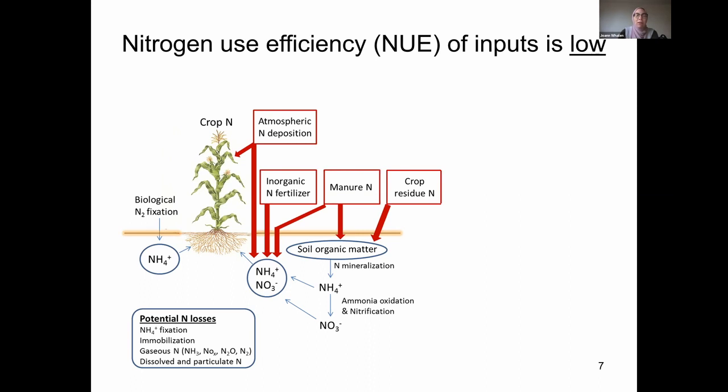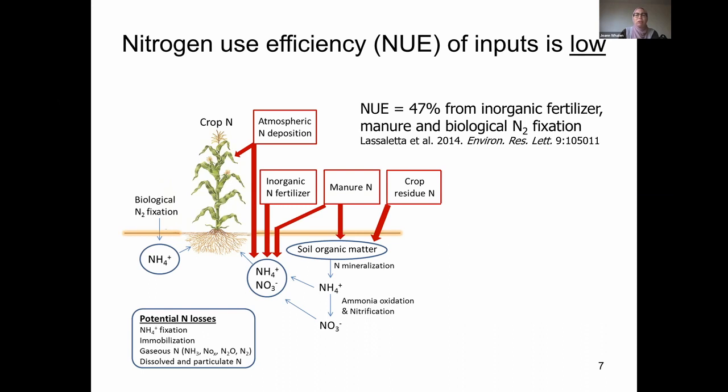If I make the graph a little bit more complicated, and I put in the other sources of nitrogen, atmospheric deposition, manures, crop residues, biological nitrogen fixation, and we look again at that nitrogen use efficiency, a further report in 2014 had estimated that it's only about 47%. Well, that means that less than half of the nitrogen coming into the agricultural system is possibly used by the plant, meaning that about 50% or more of the nitrogen we apply to agricultural systems is leaving or is going someplace else.